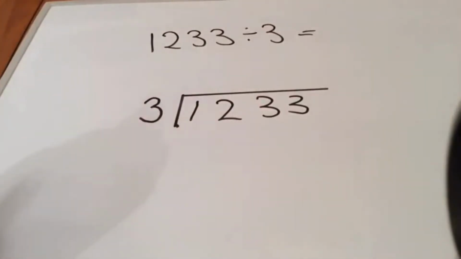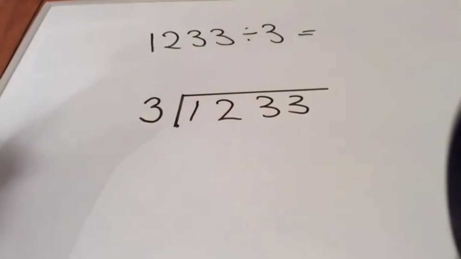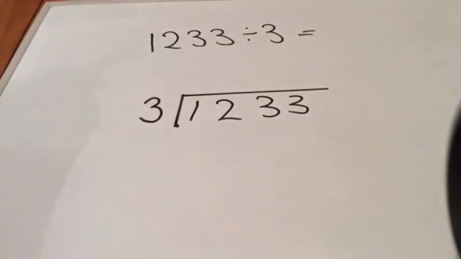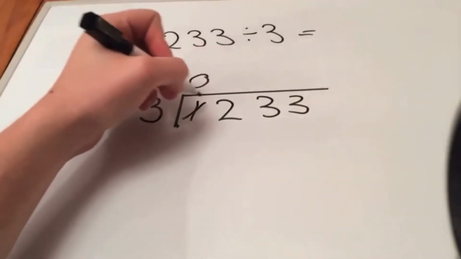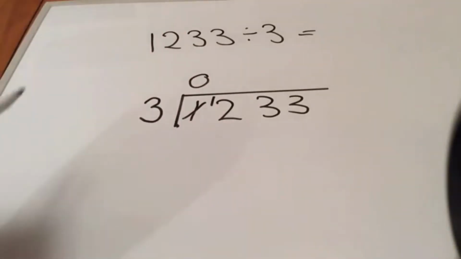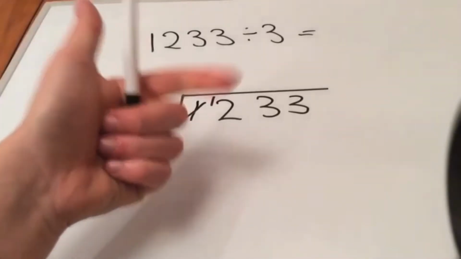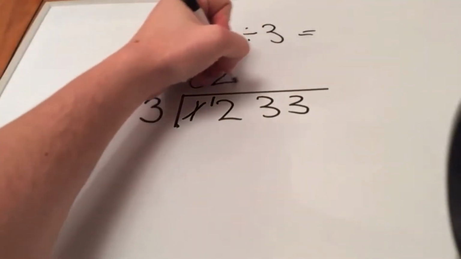Okay, so what we need to do is look at each number here and see how many times 3 goes into it. So, how many times does 3 go into 1? Well, it doesn't. So there's 0 there, and we carry the 1 over. Become 12. How many times does 3 go into 12? 3, 6, 9, 12. 4 times.